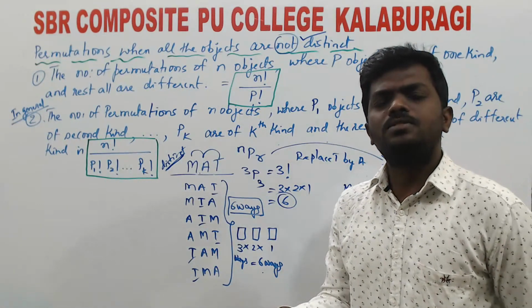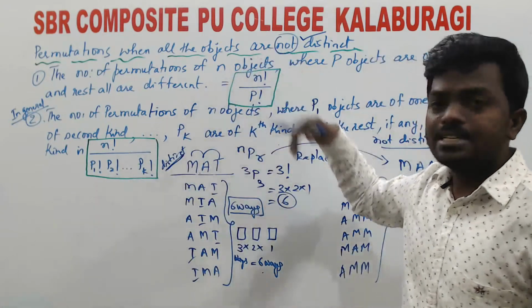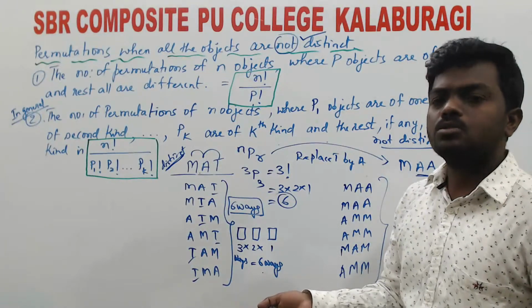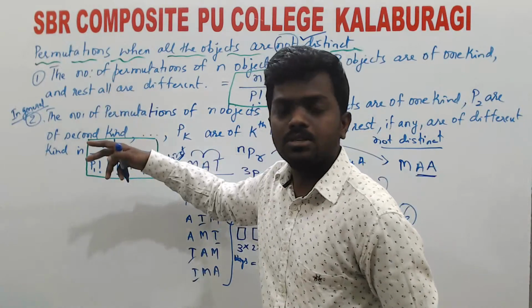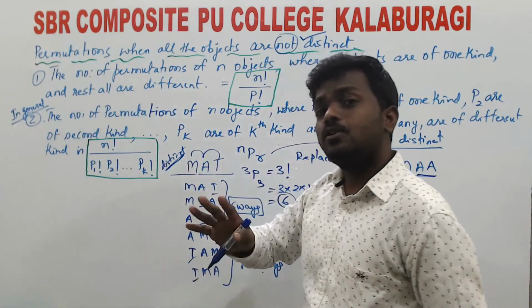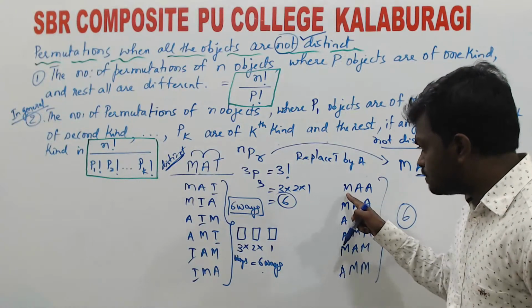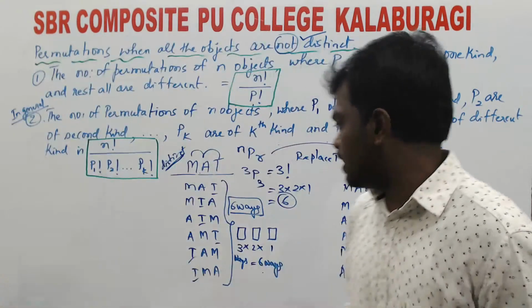But what's the use of studying? I told you that distinct objects and not distinct objects have different arrangements, but we are getting 6. So what's the use of devising another two theorems? But if you observe carefully, the arrangements of the first one and the second one are similar only.